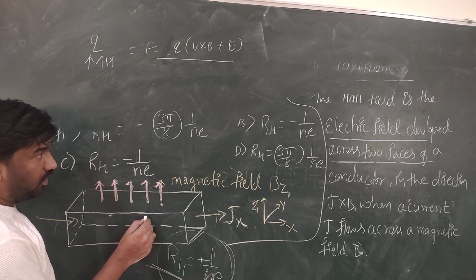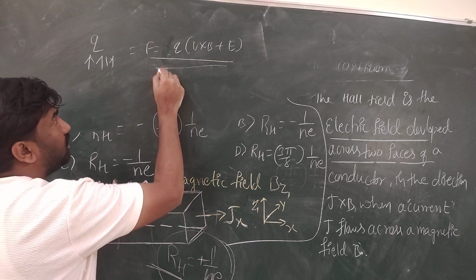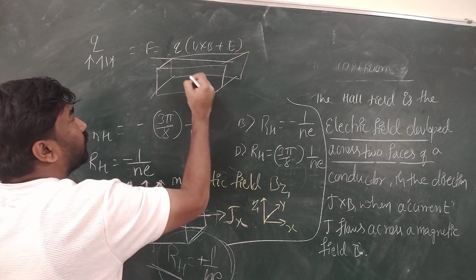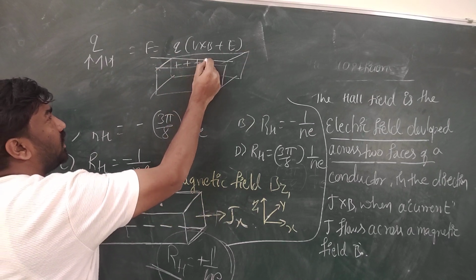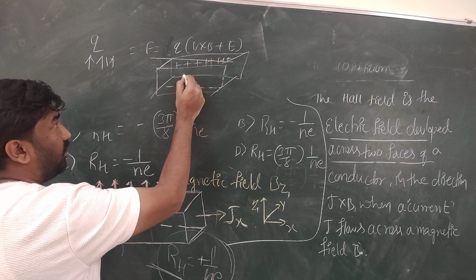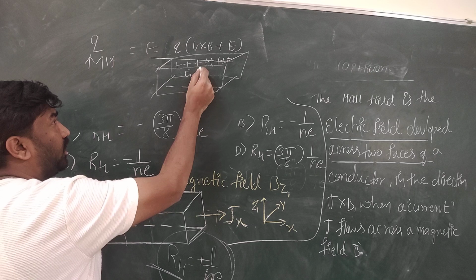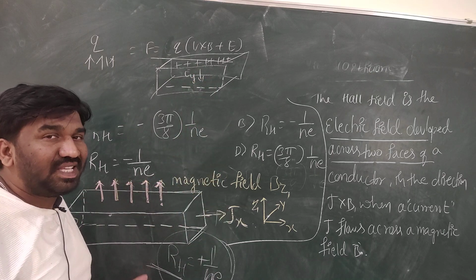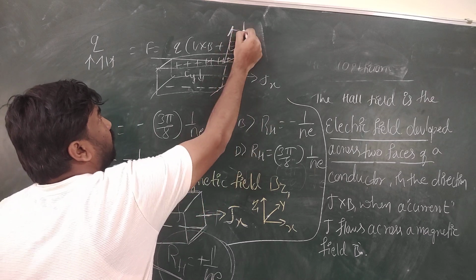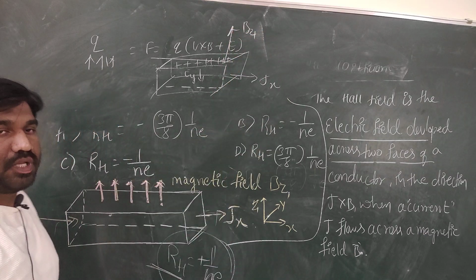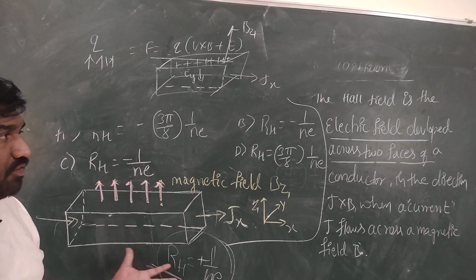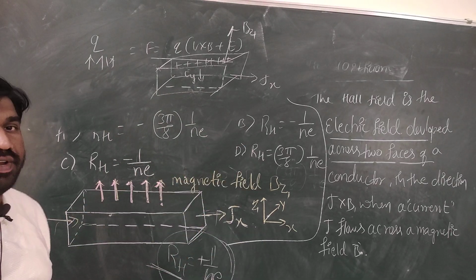In this specimen, positive charges accumulate on one face and negative charges accumulate on another face. A new electric field, a transverse electric field, is created. This is the current direction and this is the magnetic field direction B_z.